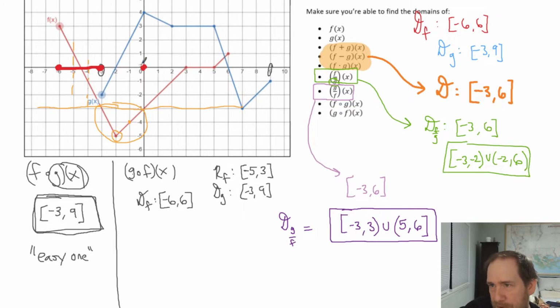And then 0 maps onto -3, and then that's fine. And then we're good until the red function ends at 6. So there, all that red stuff should be the domain of our composition. It should be -6 to -3, and then union 0 to 6.